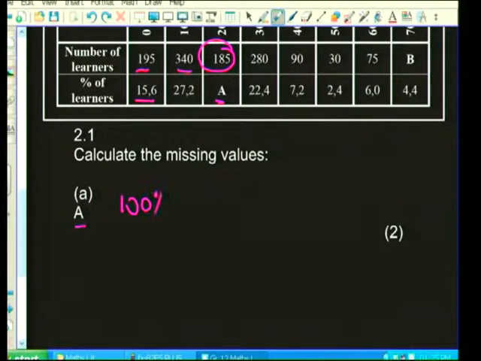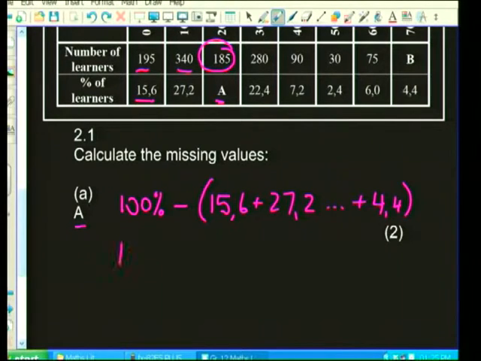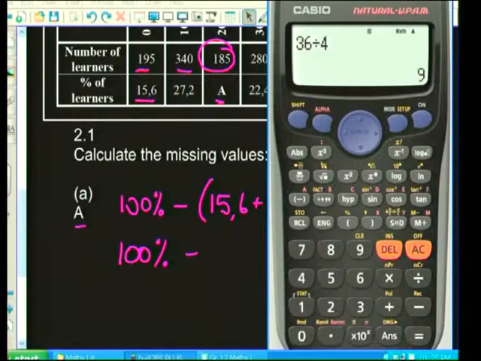I'm going to show it like this. I'm going to say 100% minus, and then I'm going to open my brackets and say 15,6 plus 27,2, and you don't have to write out each one, eventually plus 4,4. But I do need to show that total. So I'm going to have 100% minus, let's get our calculator out.